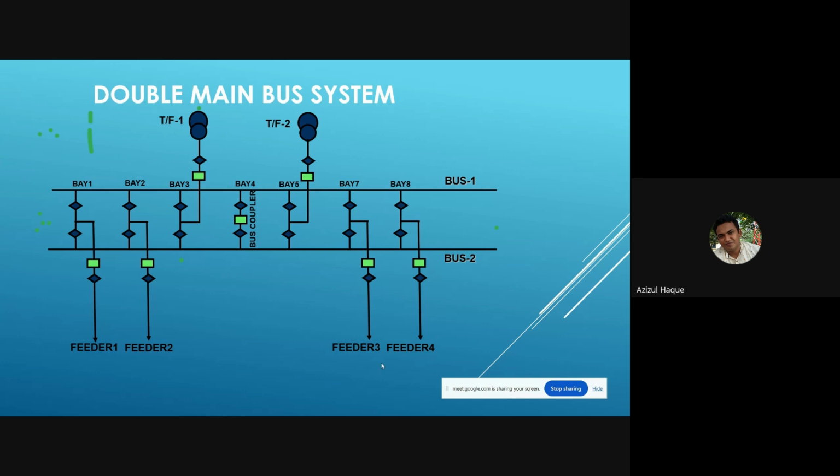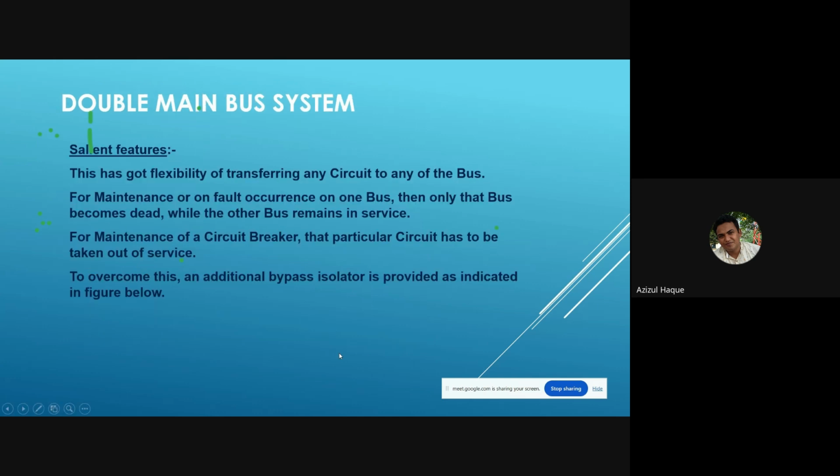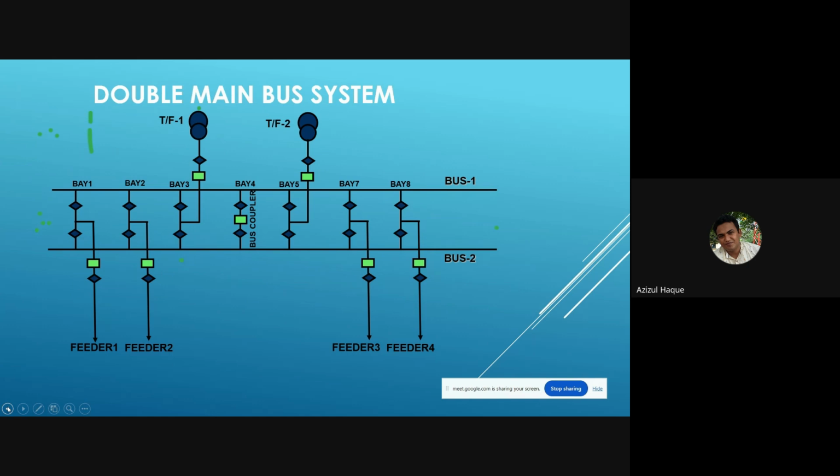Both the buses can operate in sync, or both the buses can operate separately. Suppose I have two incoming feeders, and I want to make the two buses independent. In that case, what will happen? I will connect one incomer circuit to bus 1 and another incomer circuit to bus 2, and these two buses will be entirely independent.